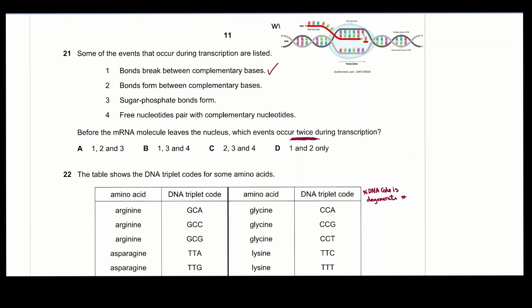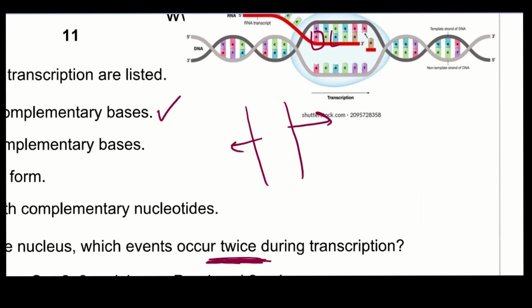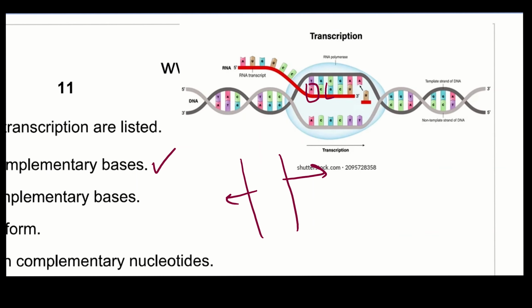The reason for this is the bonds break once between the DNA when it unzips, because as we all know, the double helix is held together by hydrogen bonds. So it breaks for the first time during the unwinding or the unzipping of DNA by the enzyme helicase. And bonds break for the second time when, as you can see here, the complementary RNA nucleotides bind to the DNA by hydrogen bonds.